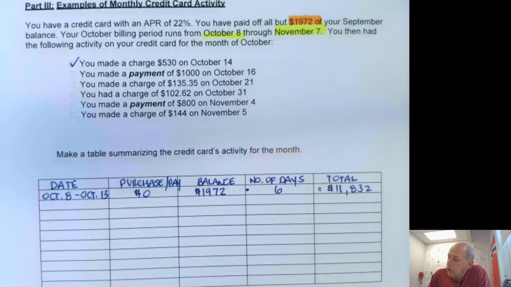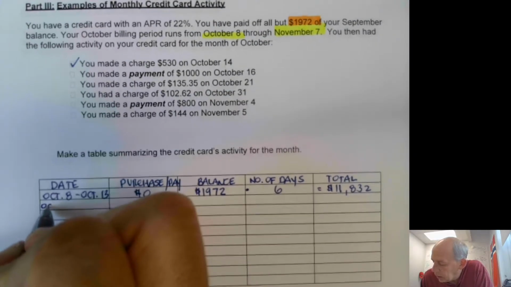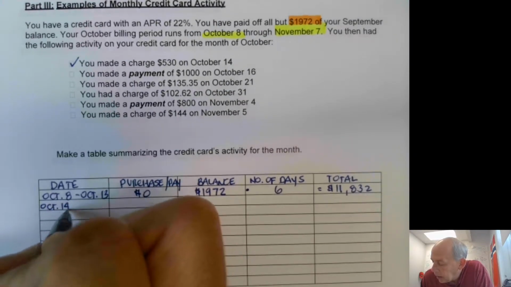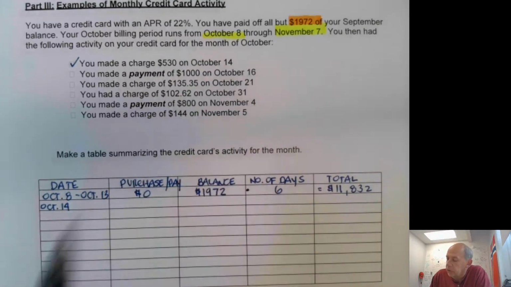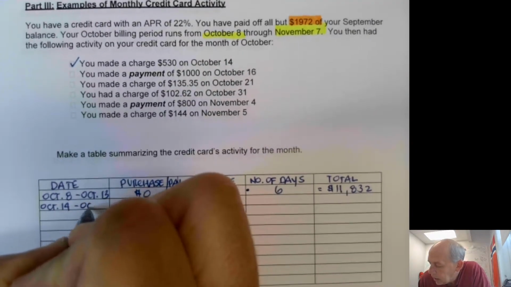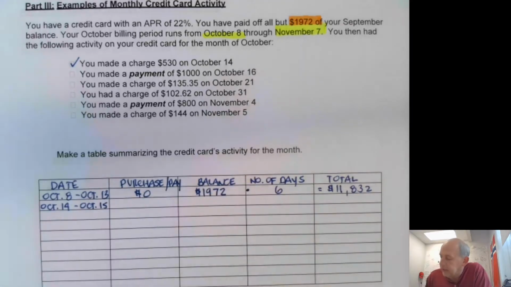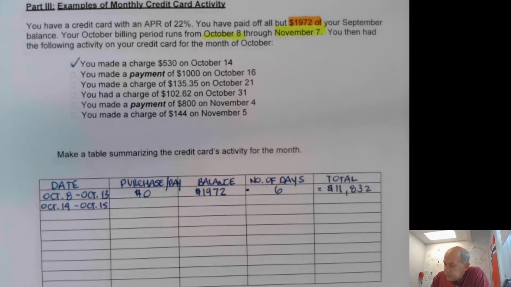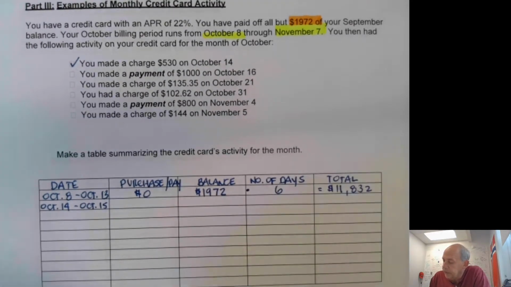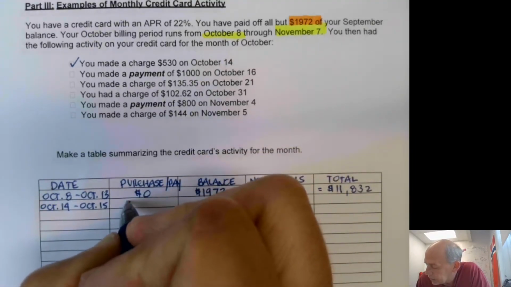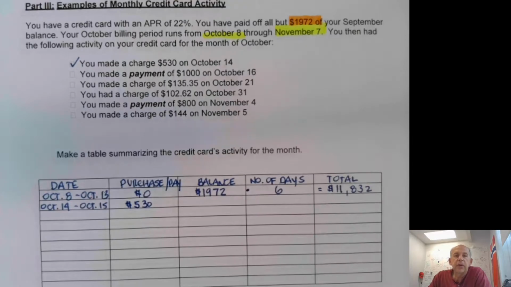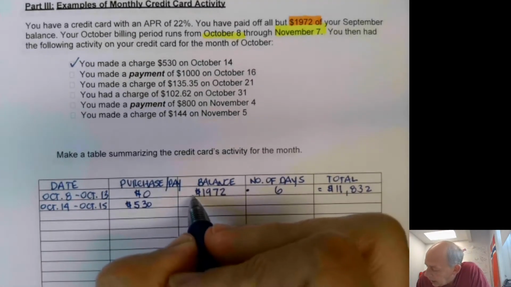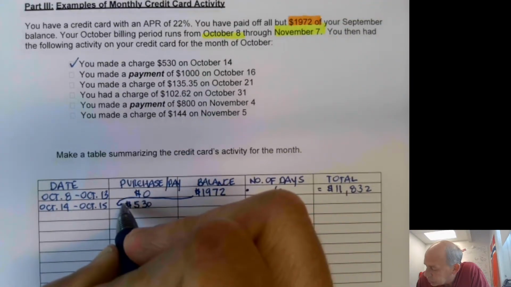Now, October 14th comes along and we make a purchase. So that's where the 14th comes from. We don't do anything until October 15th. So that's my little interval there. We made a purchase. Let's say your car broke down, had to get some new tires or something. $530 you purchase on your credit card. Now that's going to increase your balance.